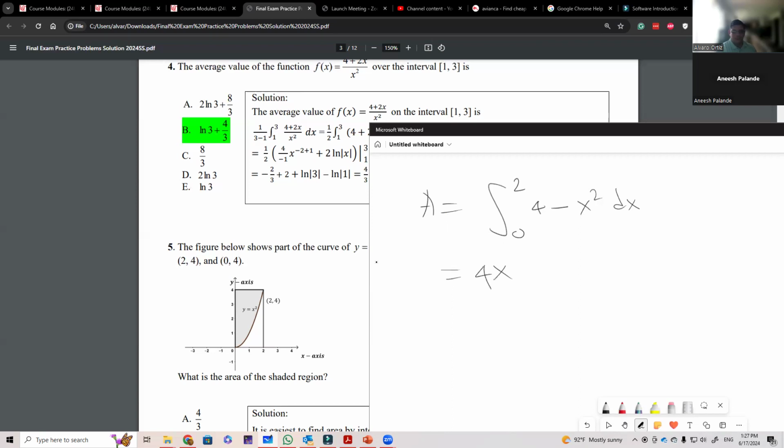So this is going to give me 4x minus x cubed over 3, and then plug between 0 and 2. Clearly in 0, this is 0. So only 2 is going to matter. So this is 8 minus 8 over 3. And so this is going to be 16 over 3.